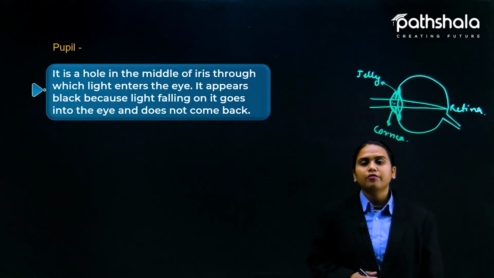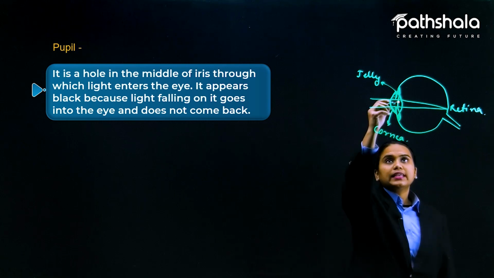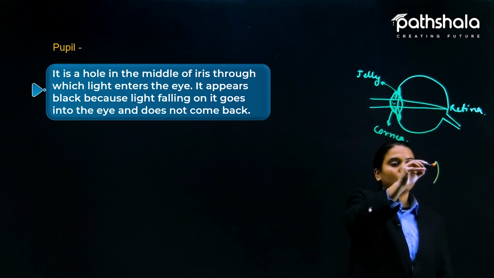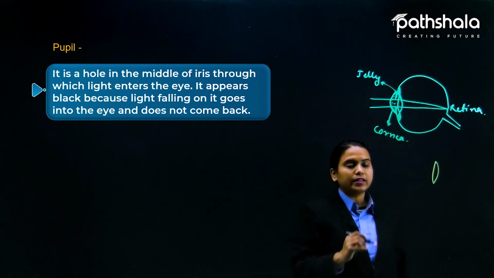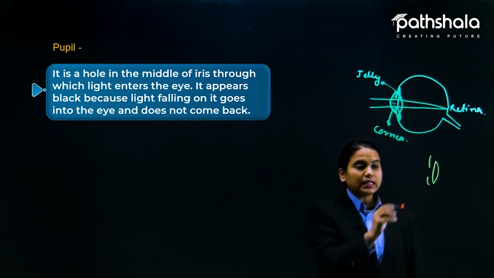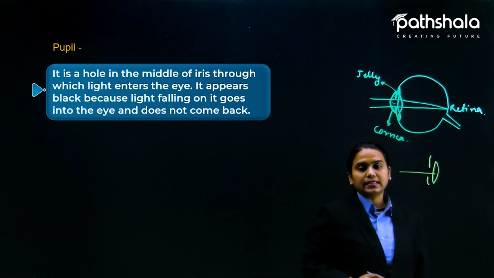So the next part of the eye is the pupil. As you can see, this part is the eye lens. Before the eye lens, you must have seen the thing that is made like this. The pupil is the hole through which the light is getting inside.